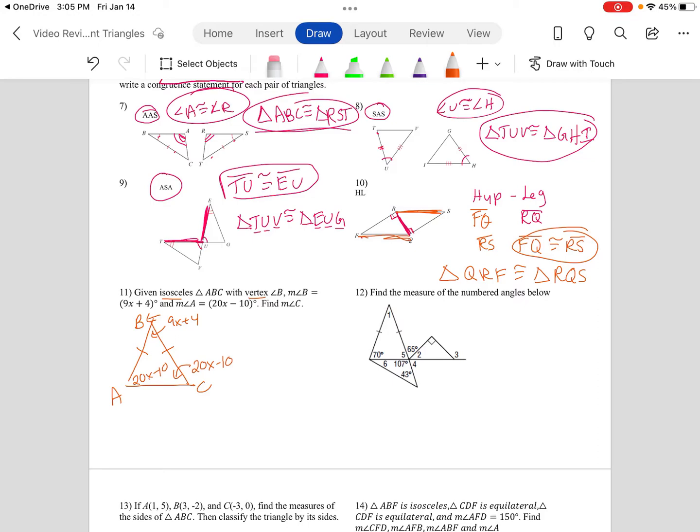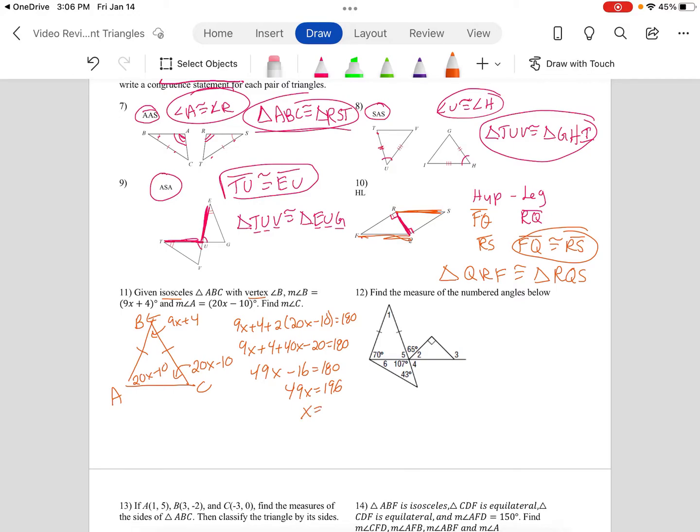And so once I realize that, I can say that all the angles add to 180, so 9x plus 4 plus 20x minus 10 plus 20x minus 10 is equal to 180. 9x plus 4 plus 40x minus 20 is equal to 180. 49x minus 16 is equal to 180. 49x is equal to 196.